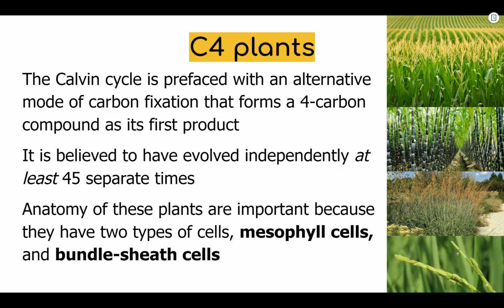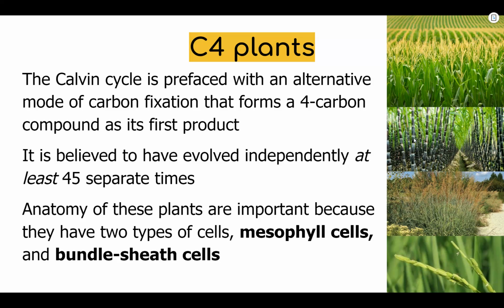So in C3 plants, we talked about that 3GP being our product. At the very end of the Calvin cycle, we had that 3GP molecule, and that was our 3-carbon.